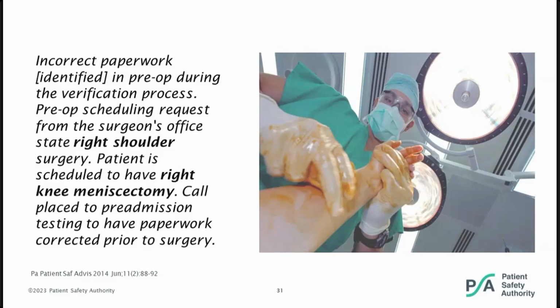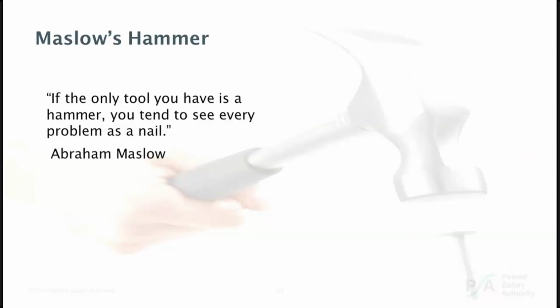I applaud you for catching this. But do we maybe want to look at this to see, hey, is this actually an issue in our facility? How many of these types of scheduling errors do we notice? Is it something we can try to prevent? Can we work with our surgeons' offices to prevent these from happening in the first place? So that's a perfect example of where we can do a failure modes and effects analysis.